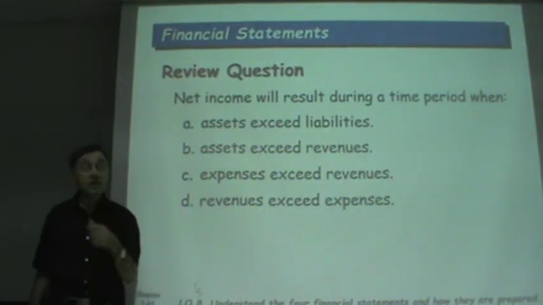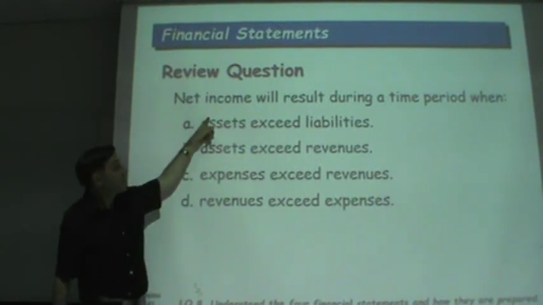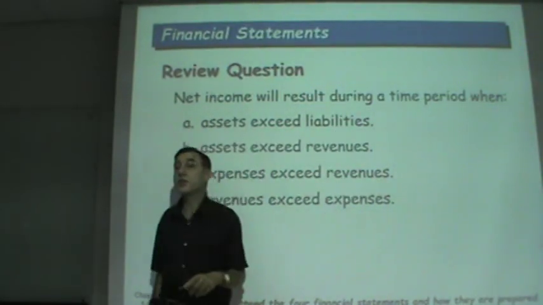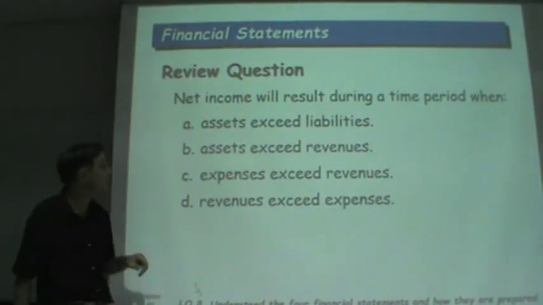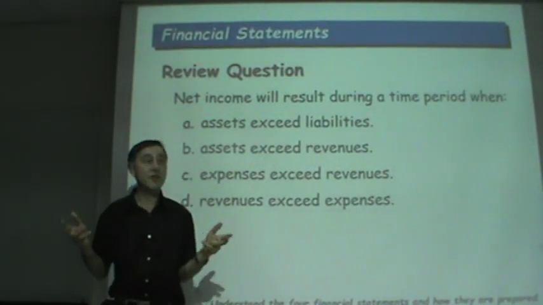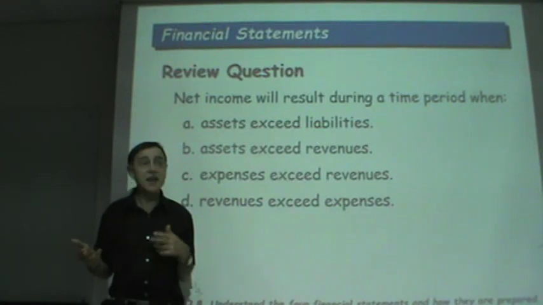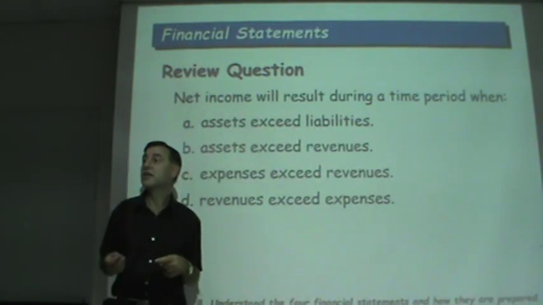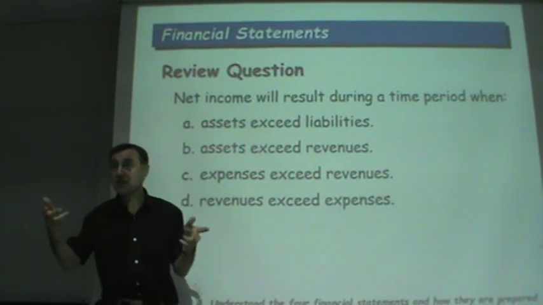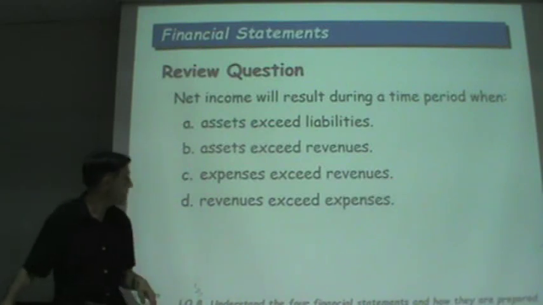All right. Review question. Net income will result during a time period when? And we'll look at net income. Net income is like profit, okay? Net income is the same as profit. And net income is usually revenue minus expenses, when revenues are more than expenses.